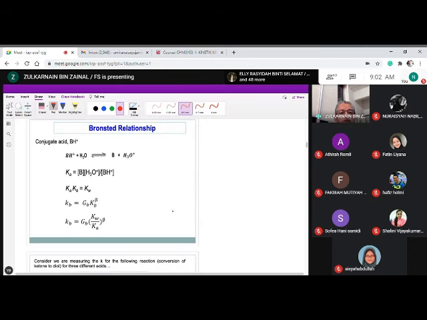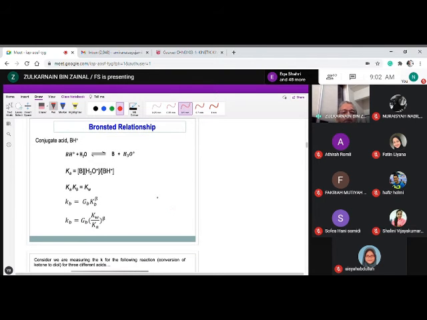Okay, let us see further. What's the relationship? We have here that the acid we are now looking at, we wrote as a general acid BH plus. It will ionize in water to form B and H3O plus. Then we can write the Ka value, and we know that Ka times Kb is Kw.